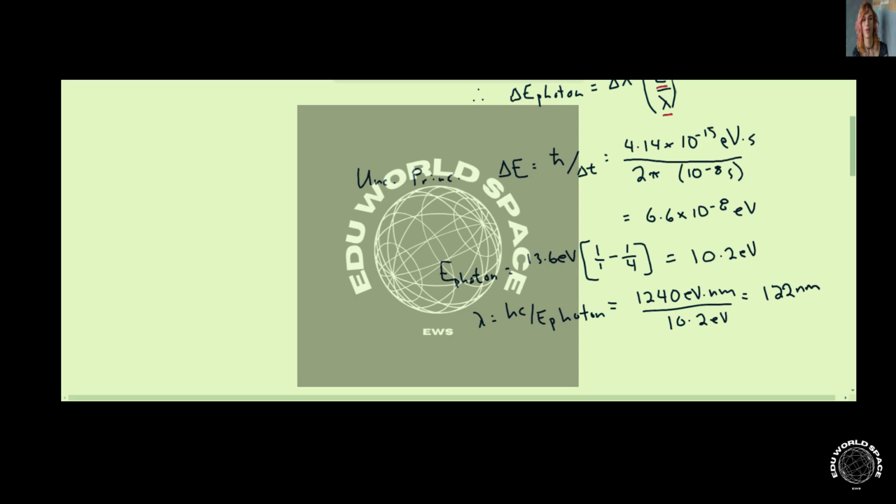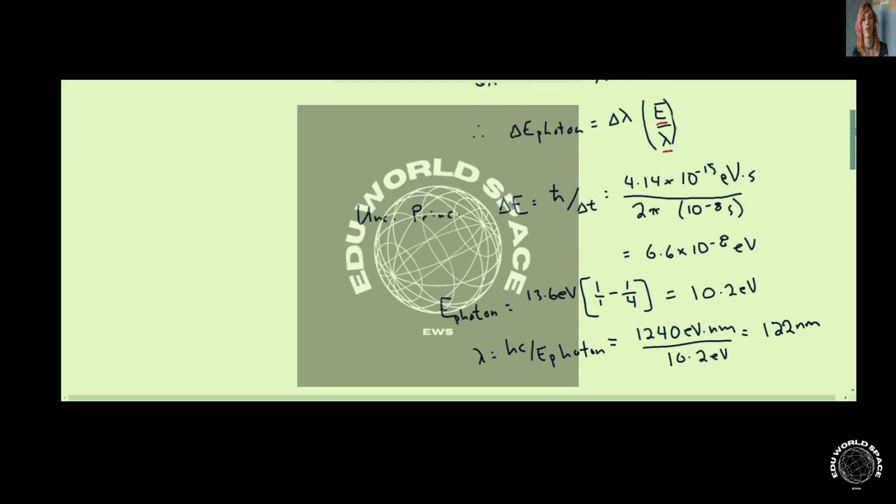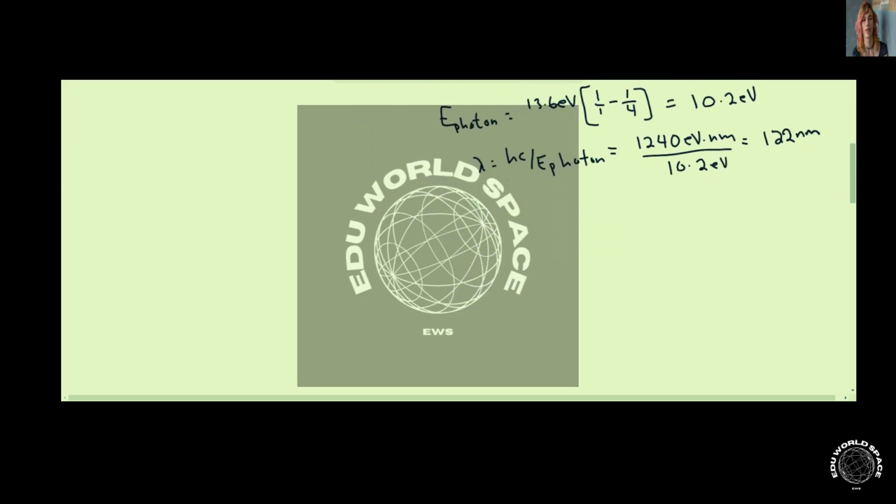So now we can put all that together. We'll have to cross multiply, but delta lambda is equal to delta E photon times lambda over energy.